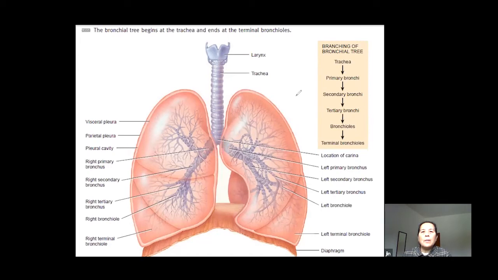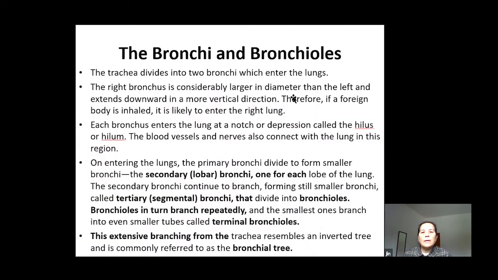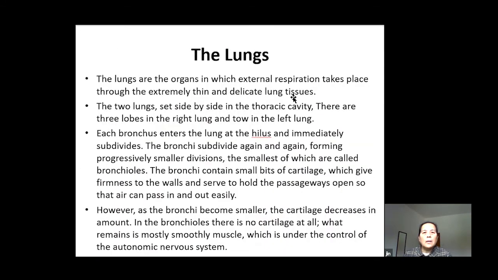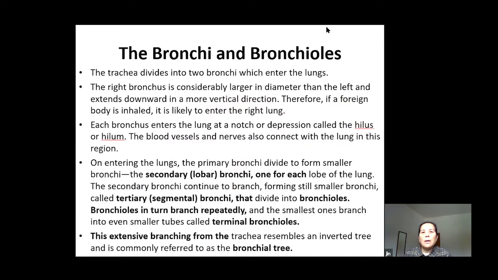In medical words, hilus is just like an opening or door. The word is not only used for the lung; later on, we also use it for the kidney, where blood vessels, nerves, and other tubes pass. So that's what hilus means.